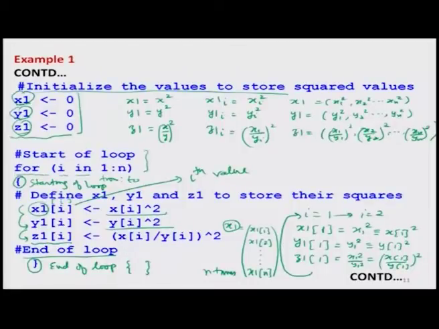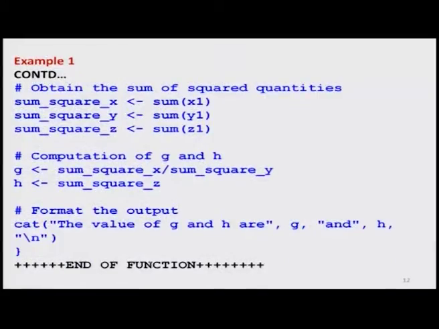Okay, so now this loop is repeated and we have got all the values of x1, y1 and z1. Now, what do we want? We want, for example, the summation of x_i square, i goes from 1 to n, which is x1 i, and for this summation we know there is a function sum. Here I would like to find the sum of all the values stored in the variable x1, and that is what I do here: sum of x1, sum of y1 and sum of z1.